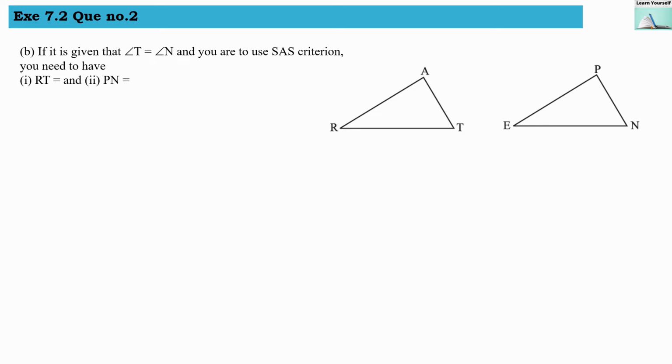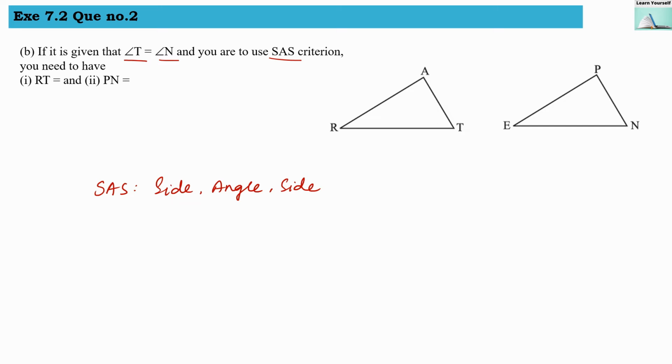Exercise 7.2, question number 2. If it is given that angle T is equal to angle N and you are using SAS criteria. SAS criteria suggests that side, angle and side are congruent with each other in these two triangles.